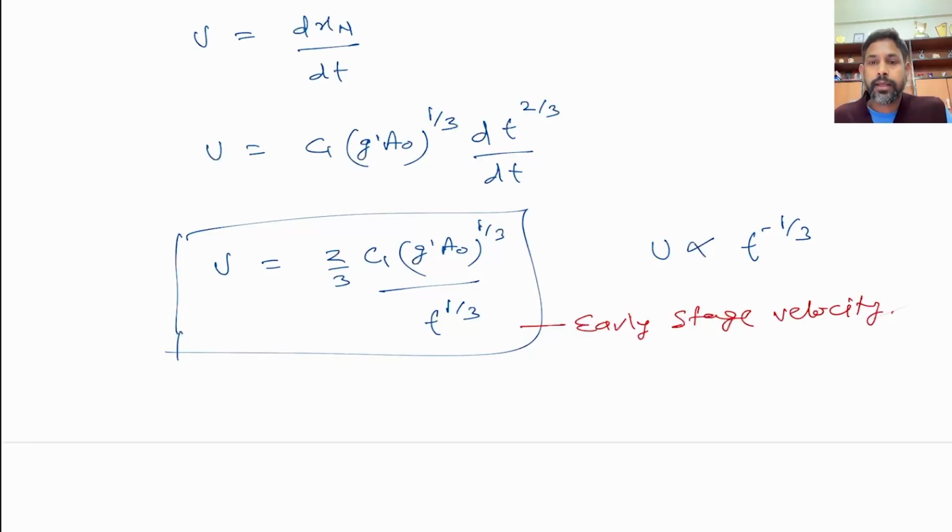And we have seen in the previous case that for constant continuous flux, velocity remains constant, whereas in this case you can see how velocity is decreasing with time, with 1/3 power of time. So we have analyzed the early time stage.